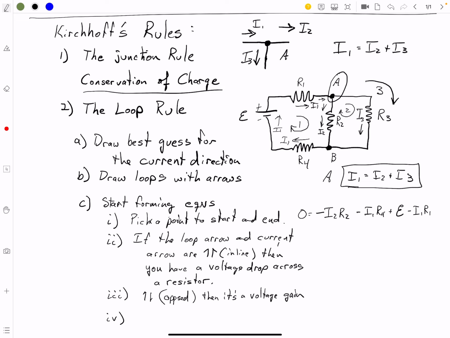That's one equation. So we've got a couple equations. We've got equation 1 here. We've got equation 2 here.